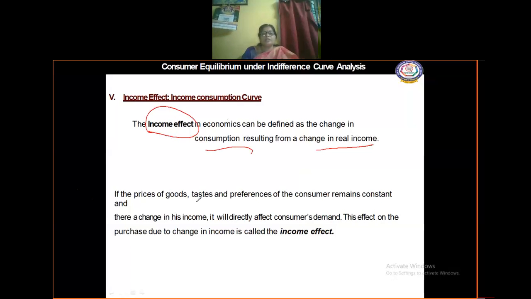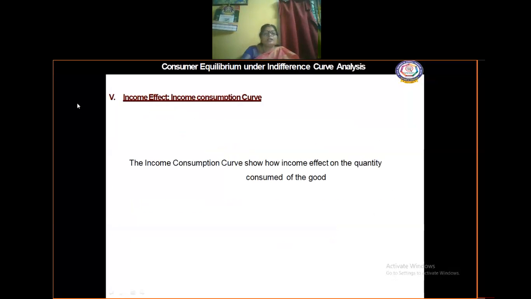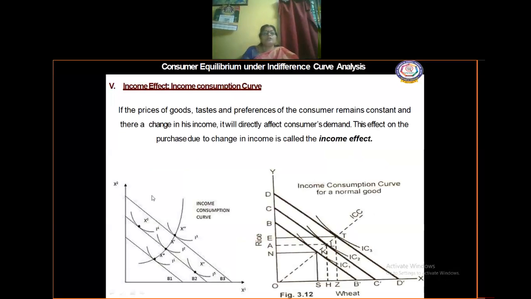So if the prices of goods and preferences are all constant, the change is only due to income change. So we are going to analyze that. The income consumption curve and the quantity consumed by the group, you can see this as follow later.